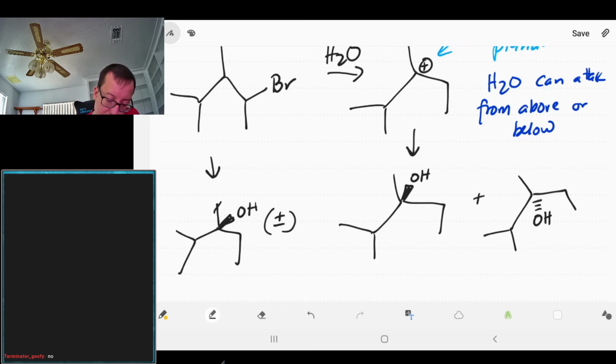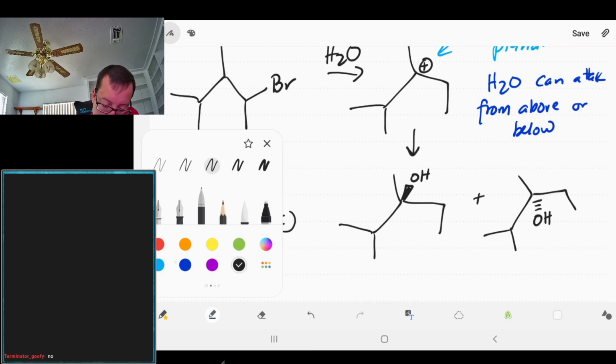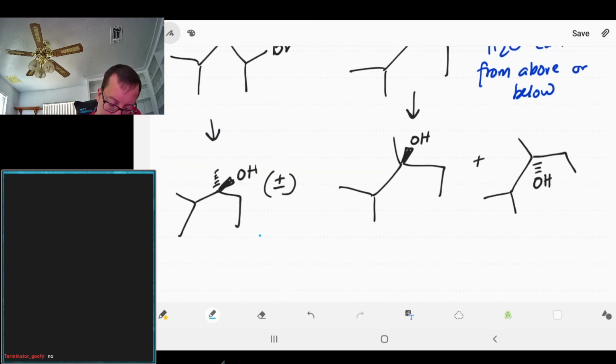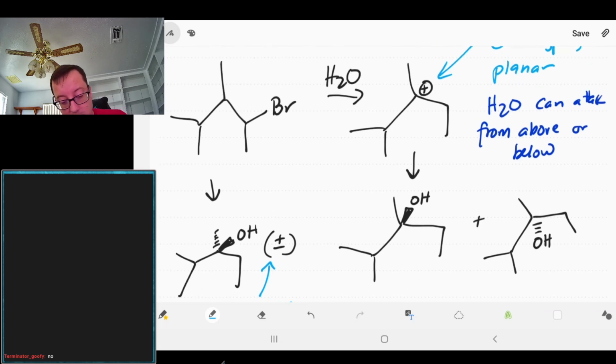It doesn't really matter which one I put on a dash. Our OH group would be plus minus, which means it's racemic. So we'll end up with a racemic mixture using SN1 reactions.